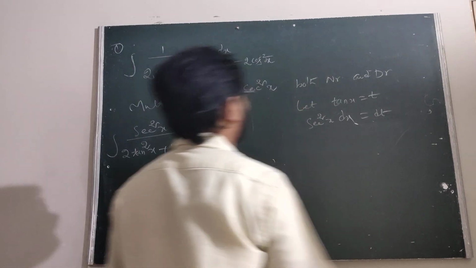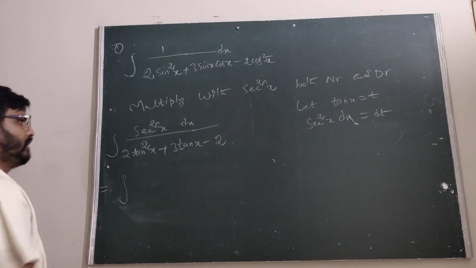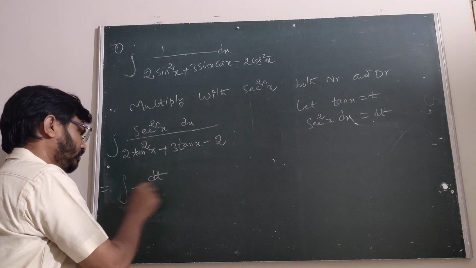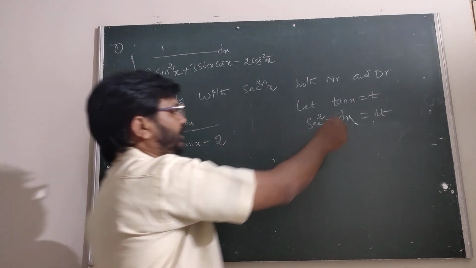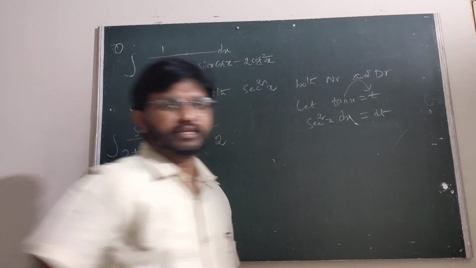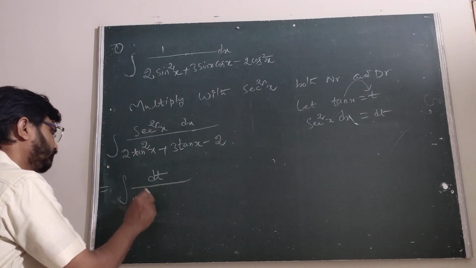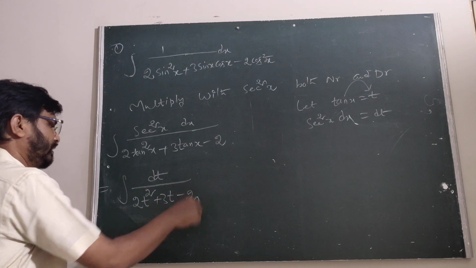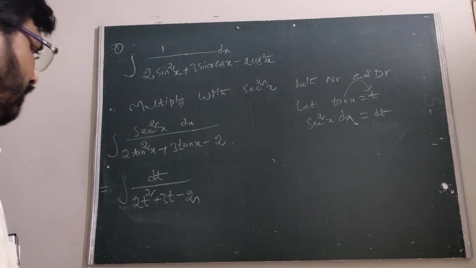Therefore secant square x into dx is dt. So the integral is dt divided by 2t square plus 3t minus 2. Is it clear? 2t square plus 3t minus 2.